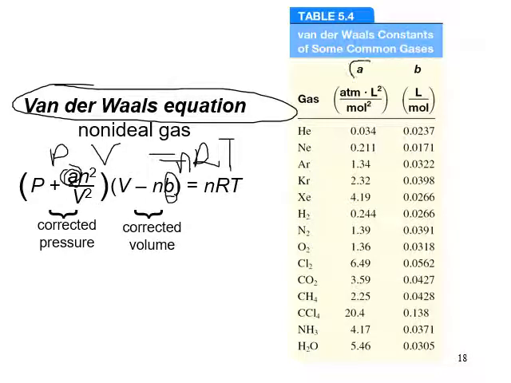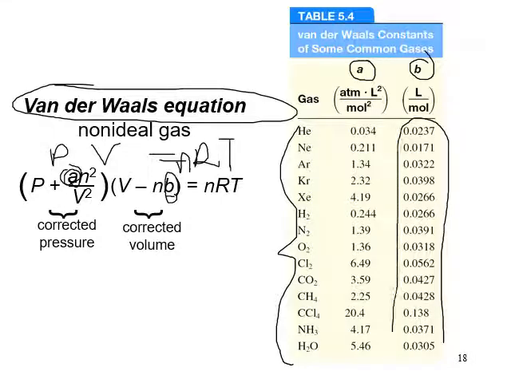So here you have A and B for specific gases. You might look at just a few of these and think, wow, why they have different values is kind of interesting, because molecular volumes, you look at these numbers, are all pretty small, but if you put them under pressure, you have to take them into account.